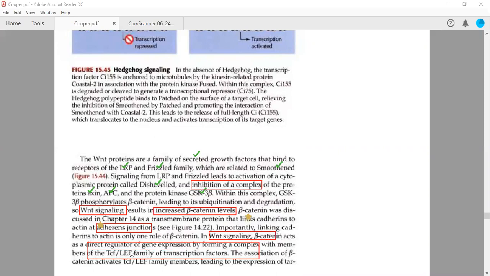Second, it interacts with the TCF-LEF family of transcription factors and is able to express genes inside your nucleus. The association of beta-catenin with TCF and LEF family members leads to the expression of target genes in the DNA.